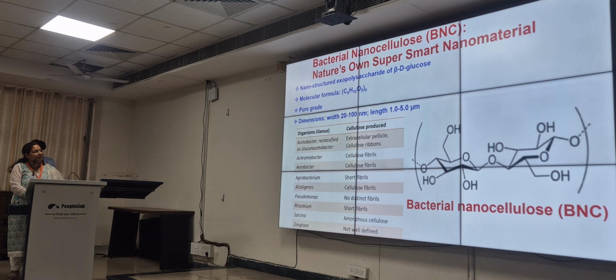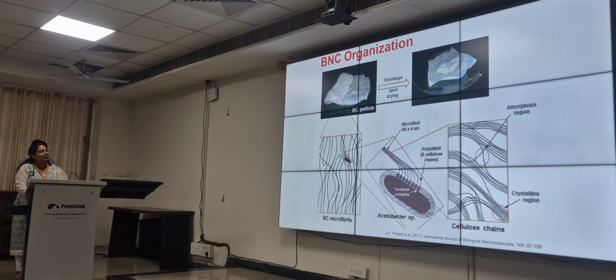The cellulose can be produced in the form of pellicles or ribbons or fibrils. So this is the structure. Basically it consists of a lot of hydroxyl groups. So this is the organization. Here you can see the Acetobacter bacteria, and during the metabolism, when the media is provided, it is synthesizing the cellulose firstly in the form of protofibrils.